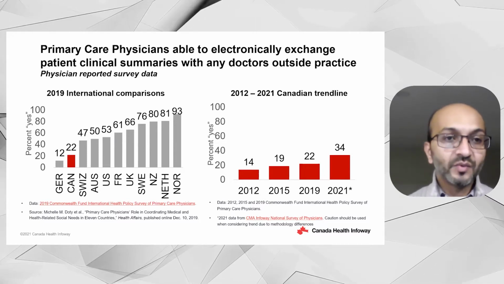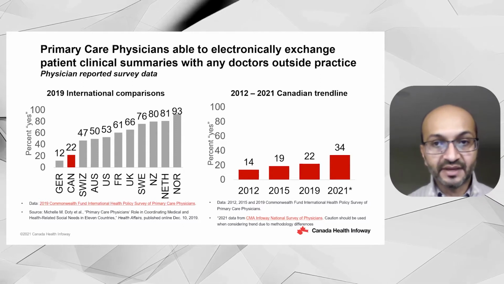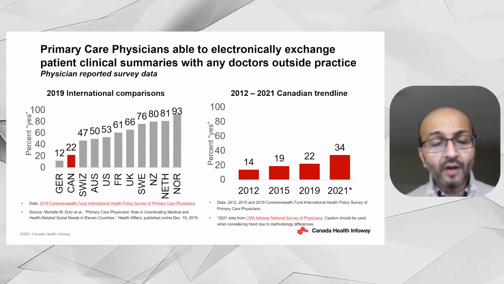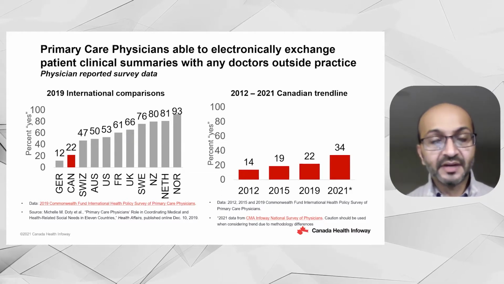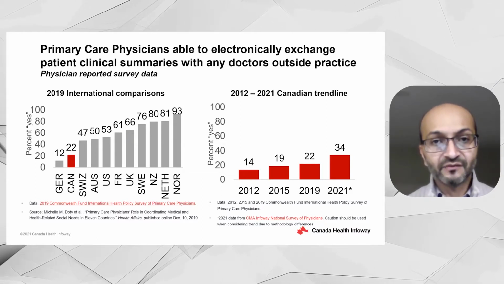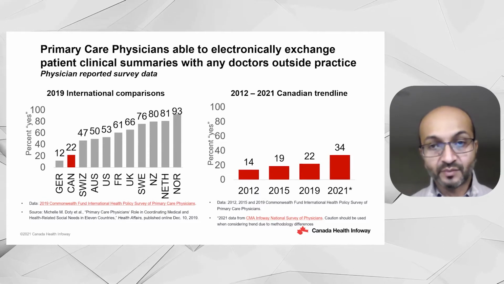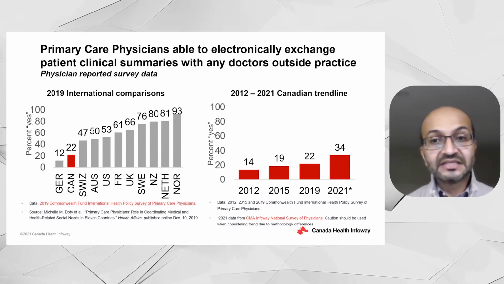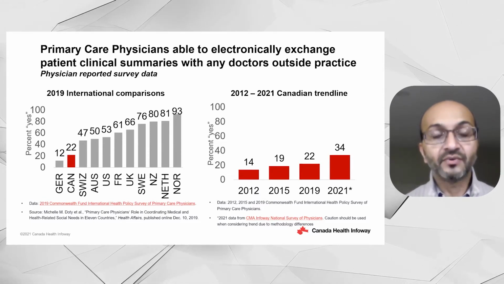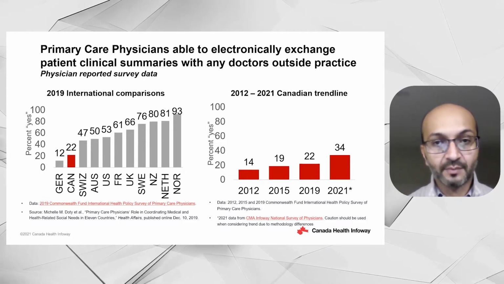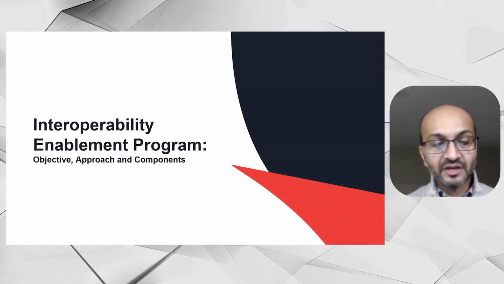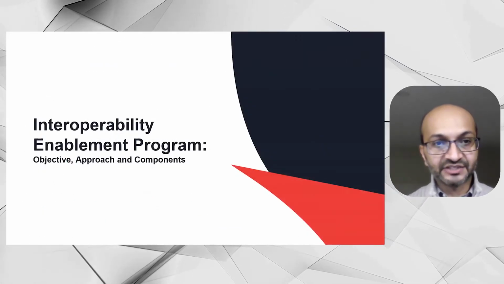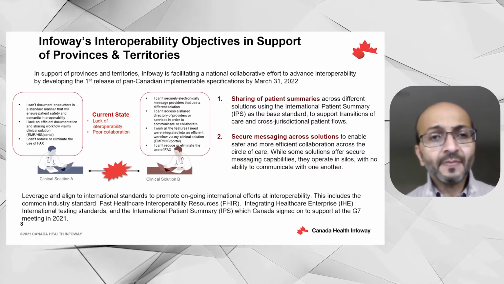But where do we actually stand compared to the international comparison? On the right side, you will see that yes, there has been some positive progress in moving from 22% to 34%. Now, that 34% still may not reflect a comprehensive clinical summary for a patient. So this is a nice segue into the next section about the program.